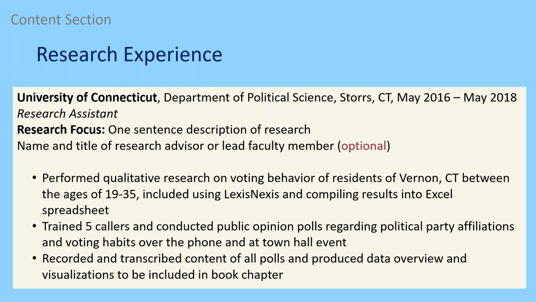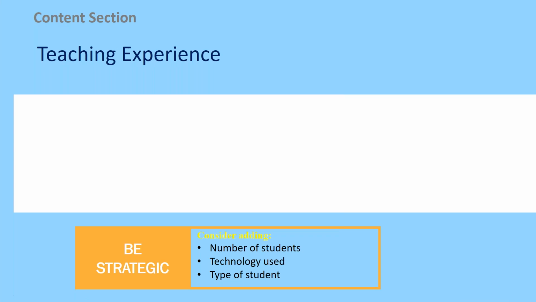The exception here would be if the person or persons that you would be listing would be well known in that industry or particular fields, then you strategically would want to mention them, right? But if they would not be known, then it would be fine to leave them off.